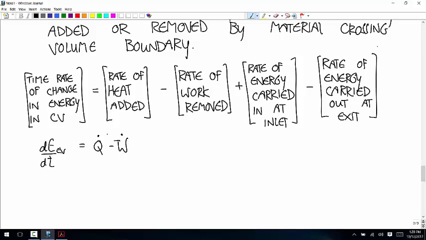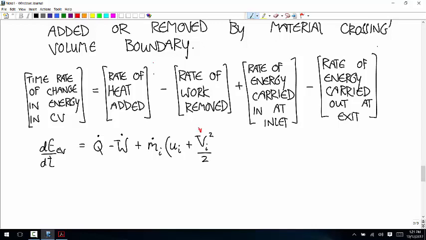So now we have the mass flow rate. I'm pulling out the rate of the mass flow times. Now all these are going to be specific properties because I've pulled the mass out of all of them. So we have the internal energy at the inlet plus the speed squared over 2 at the inlet.